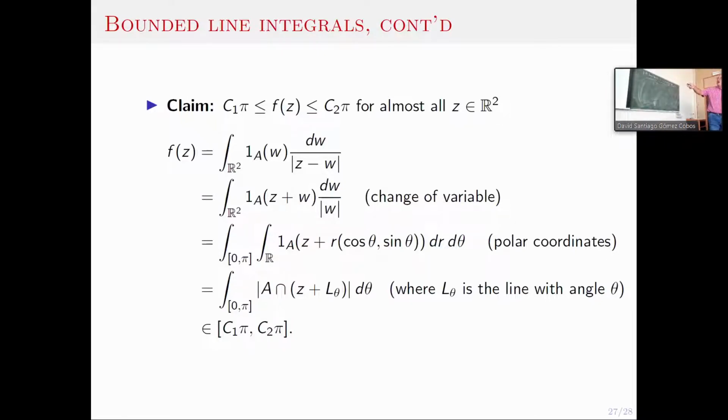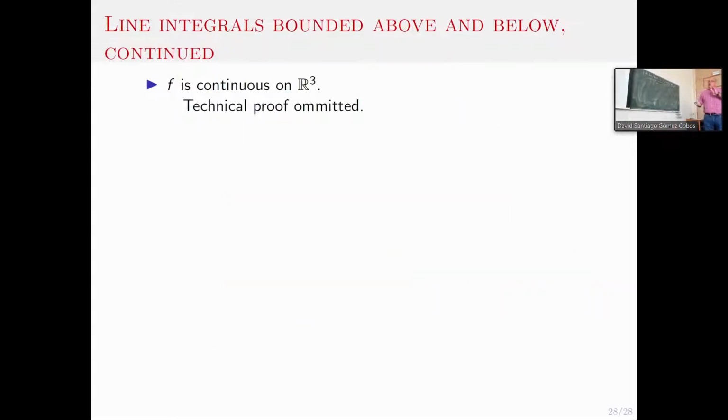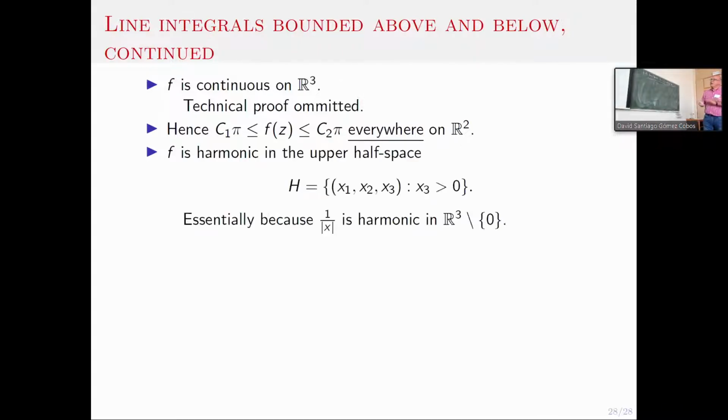So I got this on the plane, but f is defined everywhere. I'm not going to prove that f is continuous. It's not surprising. It's just elementary, but you need to cut and do things like that. I don't think there's anything here. And as I said, we just proved that it's bounded on the plane. What happens in the other dimension?